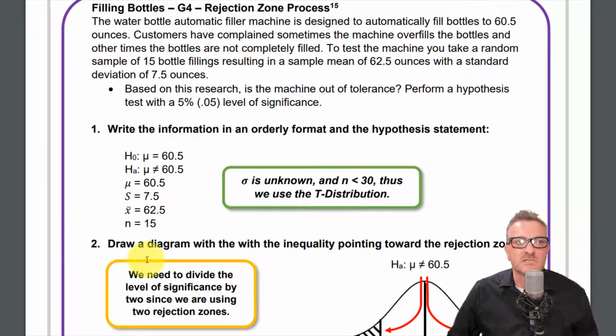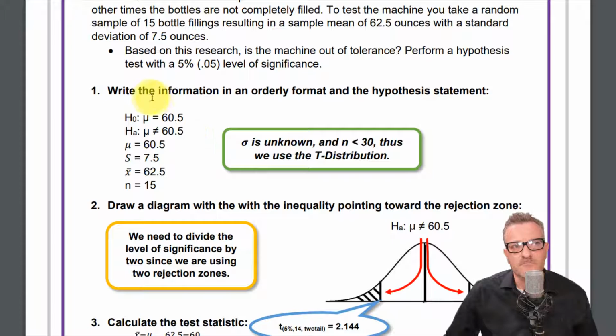Now, this is a two-tail, and it's two-tail because of a couple things. I usually try to tell you right off the bat, sometimes high, sometimes low. The other term is sometimes they use the word different. Different just means not high, not low. Could be both. Write the information in.